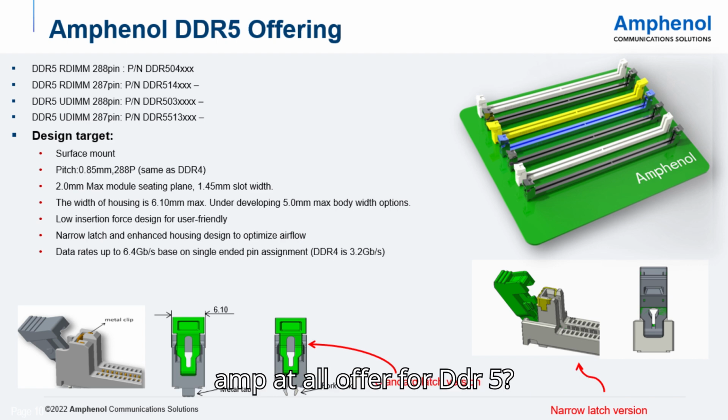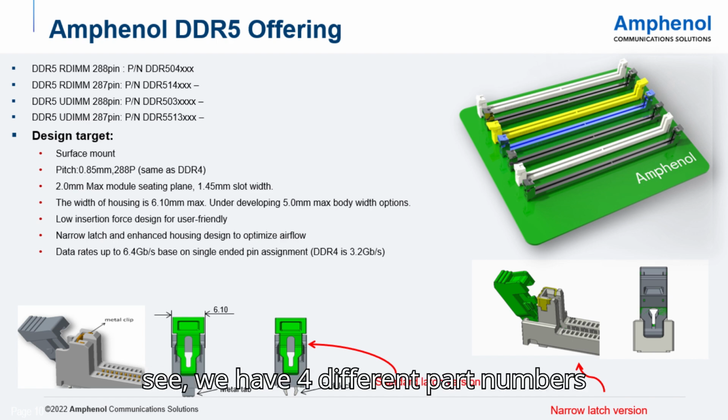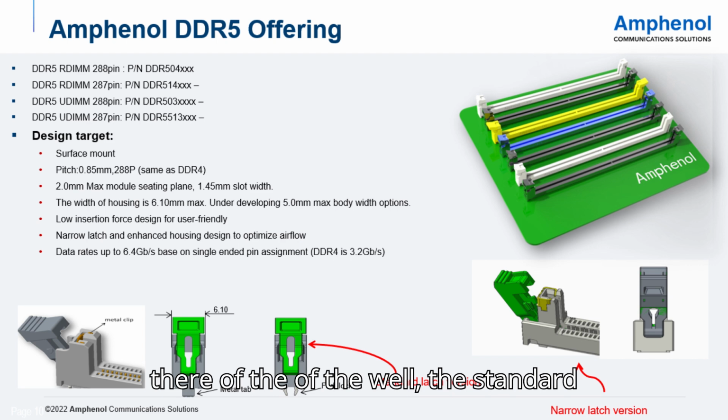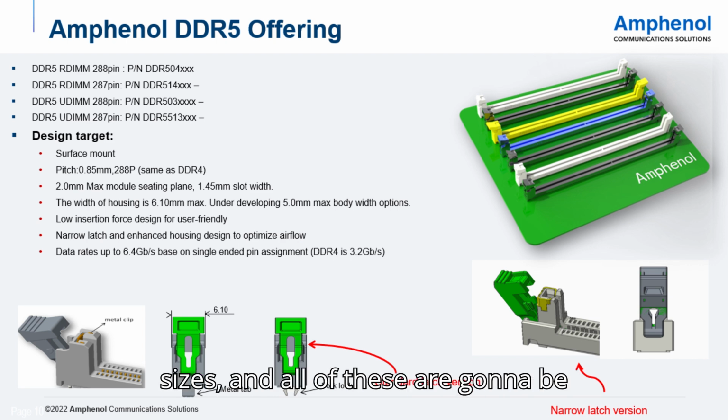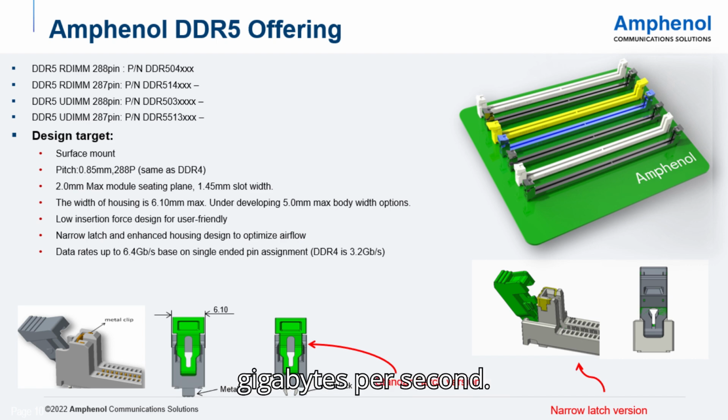What does Amphenol offer for DDR5? Well, we offer everything. As you can see, we have 4 different part numbers there of the standard sizes. And all of these are going to be surface mount designs running at 32 gigabits per second.